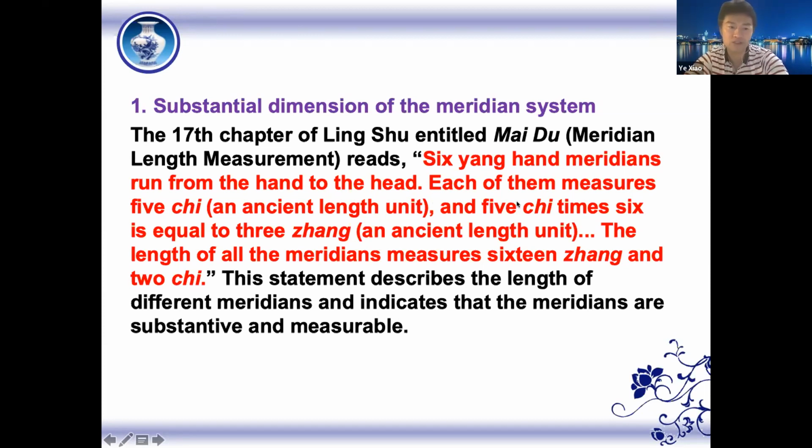Each of them measures 5 chi, and 5 chi times 6 is equal to 3 zhang. The length of all meridians measures 16 zhang and 2 chi. So this statement describes the length of different meridians and indicates that the meridians are substantive and measurable.